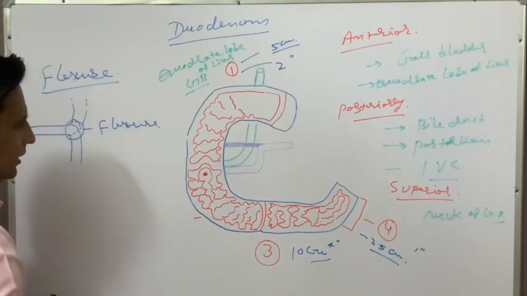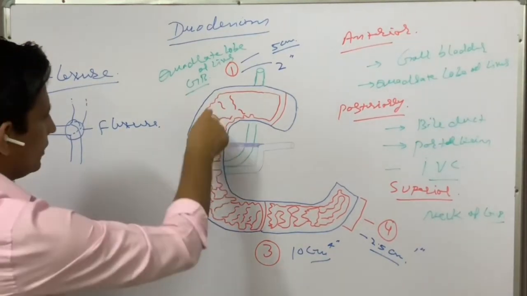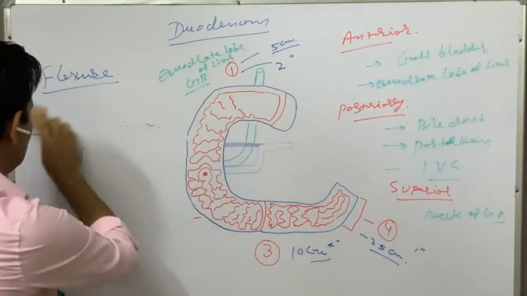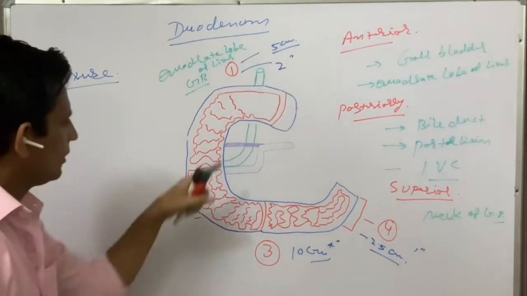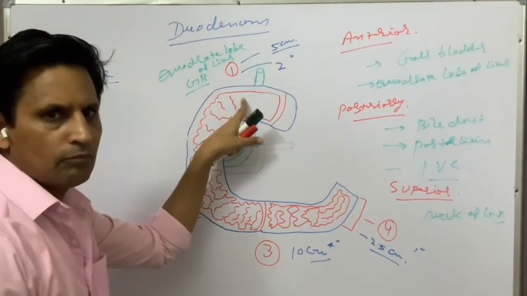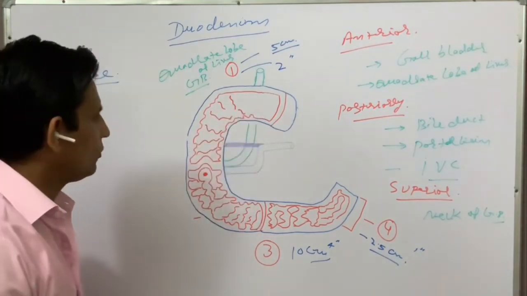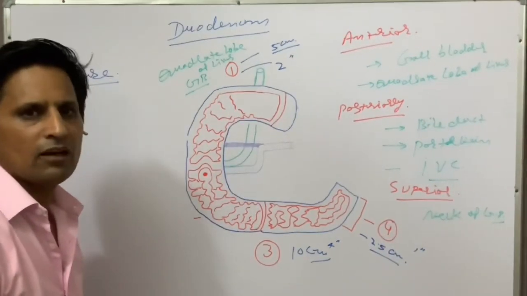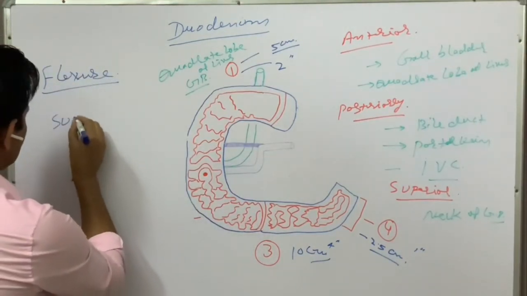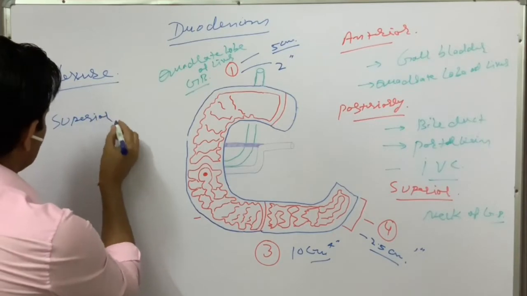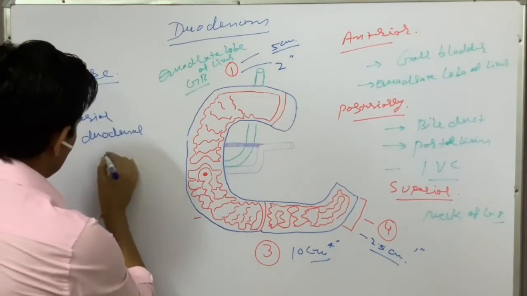So here in this diagram, you can see there is one important flexure. Because it is situated on the superior side of the duodenum, it is known as the superior duodenal flexure.